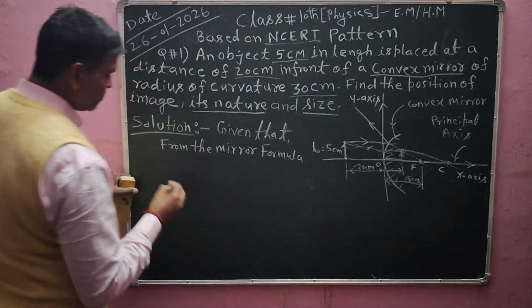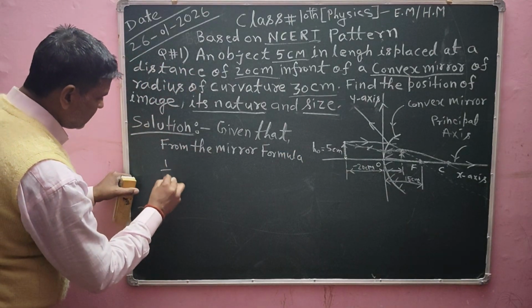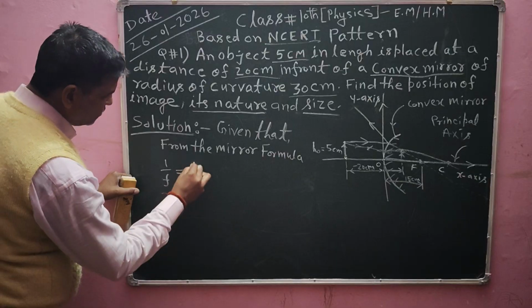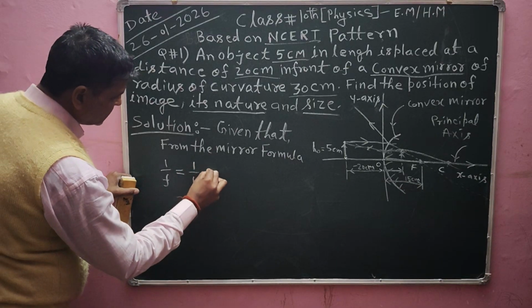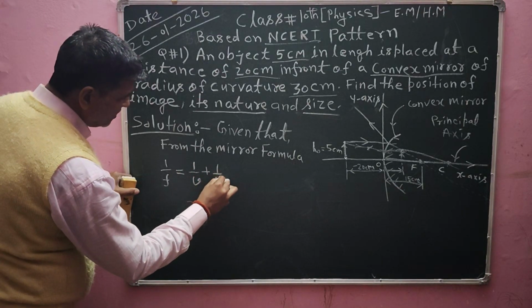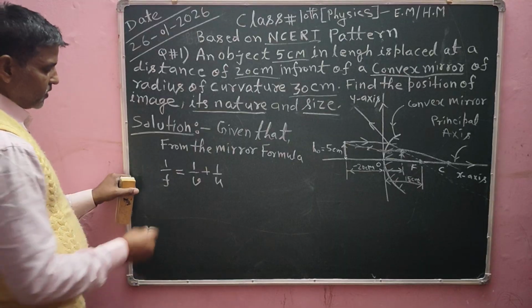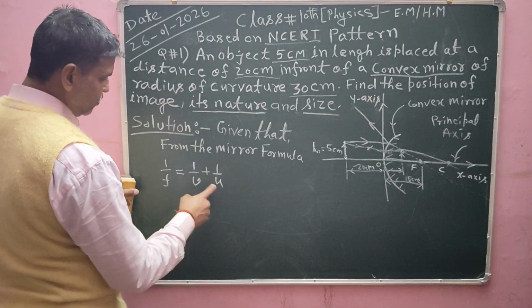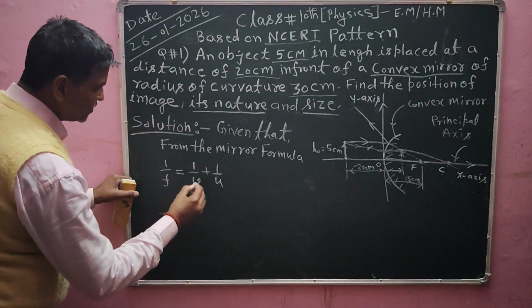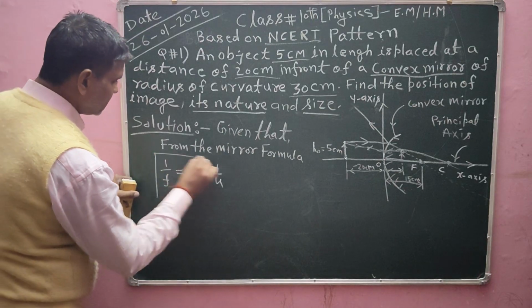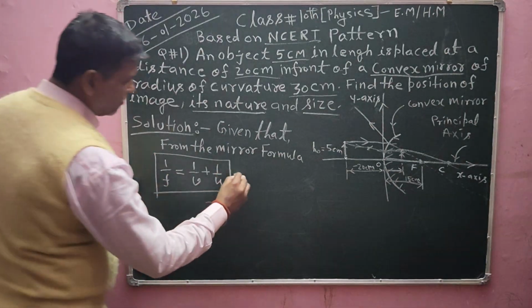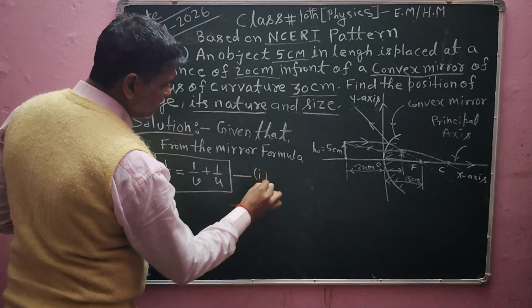From the mirror formula I have to write here 1 by f, which is equal to 1 by v plus 1 by u. Now the value of u, v and f I have to substitute here. So I will say this is the equation number 1.